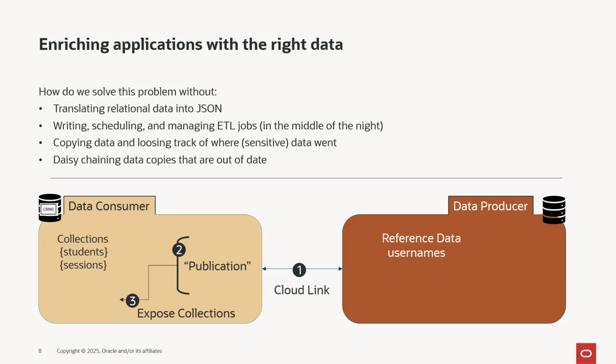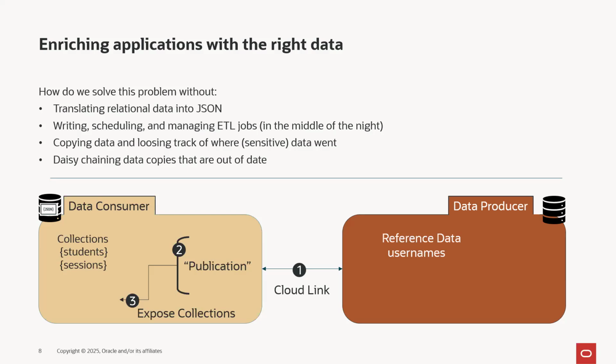Once that is established, I can now work on the publication bit of this. And this is where we isolate dependencies. The only thing we need is a cloud link into the data producer. And then on the other side, I'm quote unquote autonomous in the sense that I can build my publication structures.